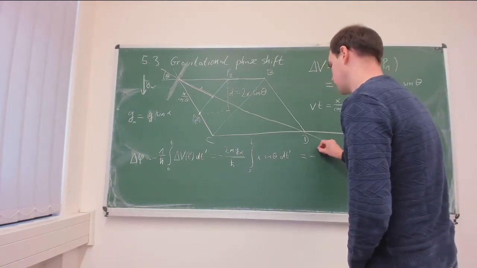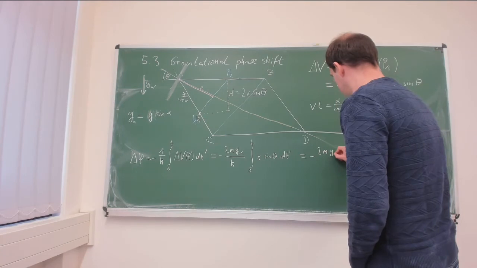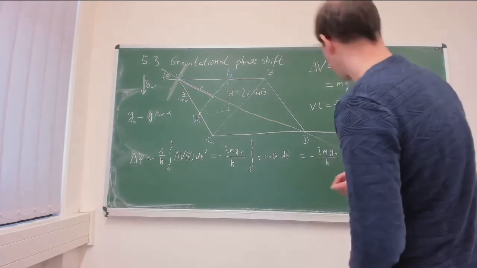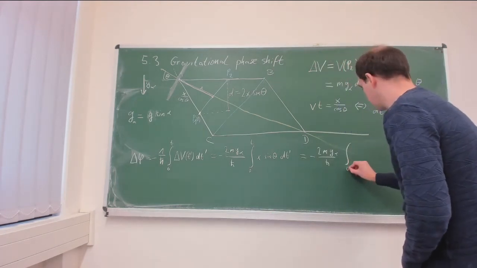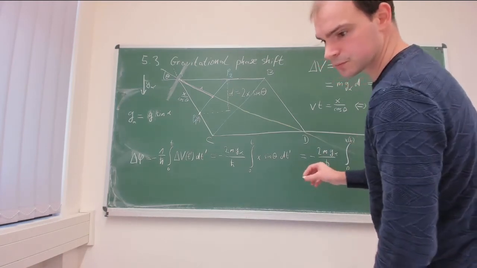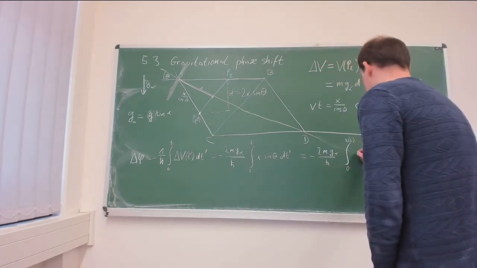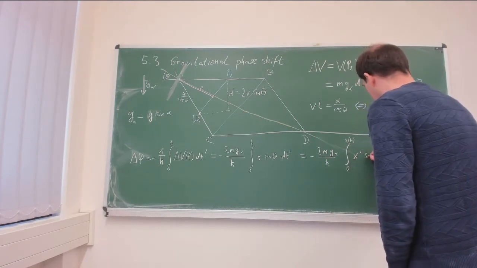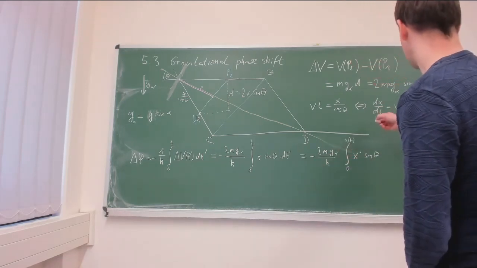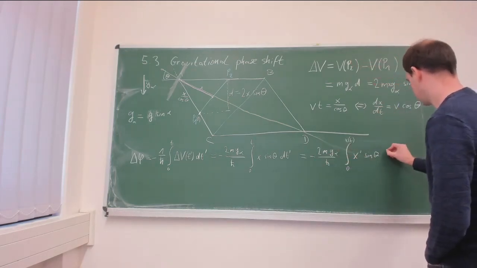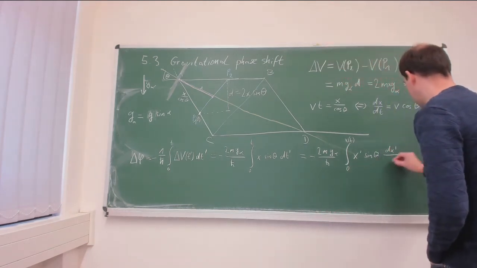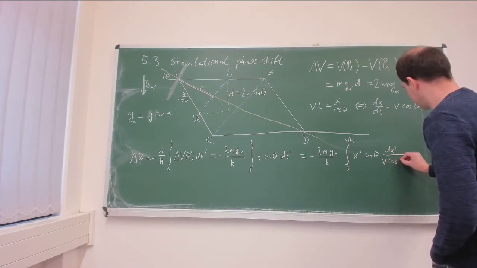So we find minus 2m g alpha divided by h bar, integral 0 to x of t, and now this would be x prime sine theta, and instead of dt prime, we find dx prime divided by v cosine theta.